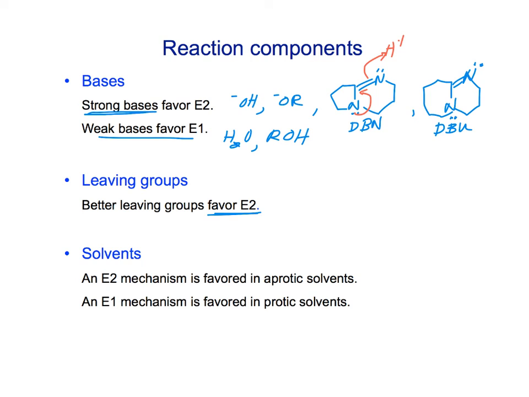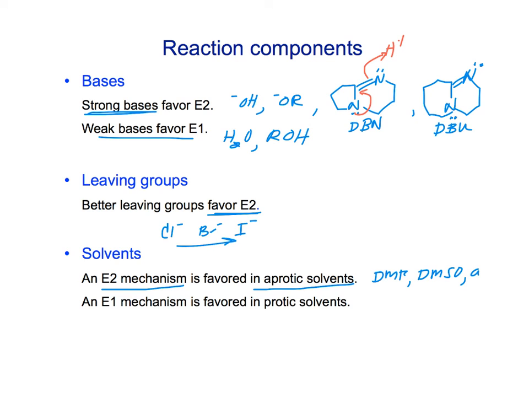So remember, as we go from chloride to bromide to iodide, this is going to get faster and favor E2.